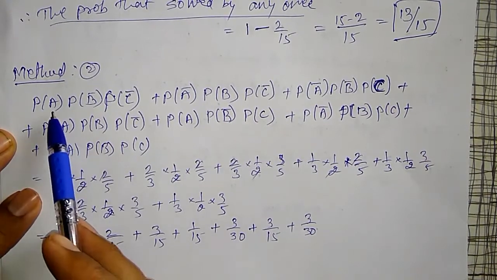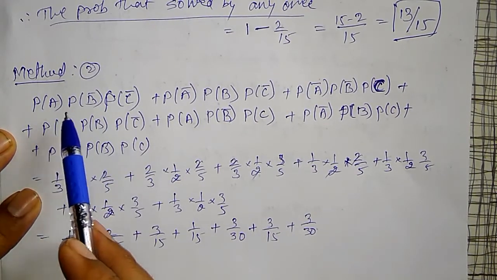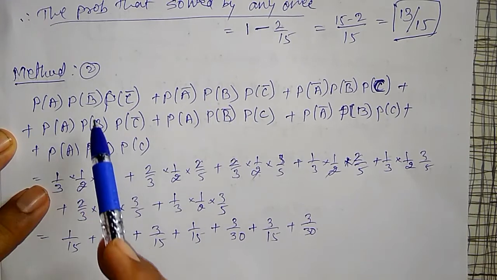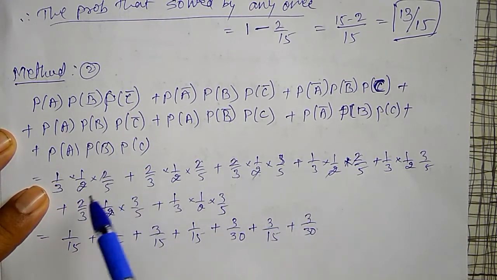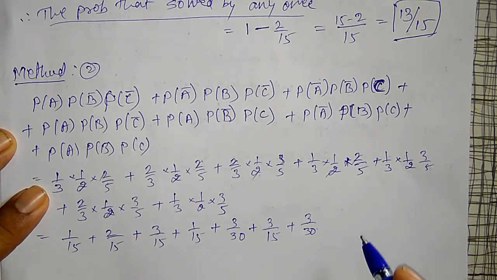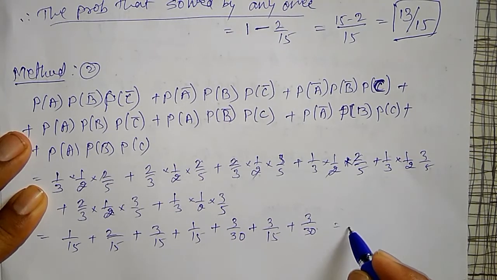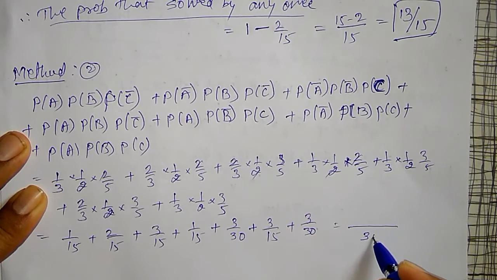Okay, substituting all these probabilities, probability of A is 1 by 3, B bar is 1 by 2, C bar is 2 by 5, like that, all the substitutions and simplifying, I am going to get this. And here the LCM I can take as 30 because 30 is the LCM.